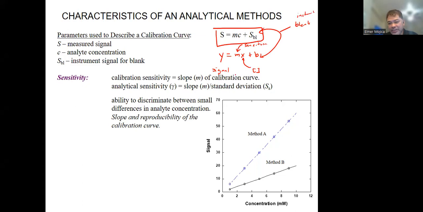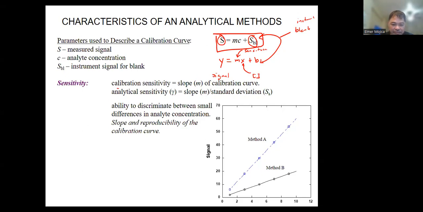Kung wala kayong concentration, kung ano yung signal galing sa blank, yun yung magiging signal mo. Okay? So sensitivity is the ability to discriminate between small differences in analyte concentration. So calibration sensitivity is usually just the slope of the calibration curve. Analytical sensitivity is the slope divided by the standard deviation.